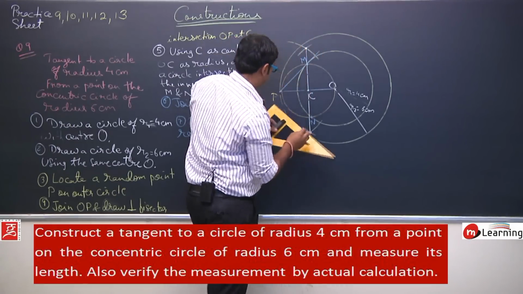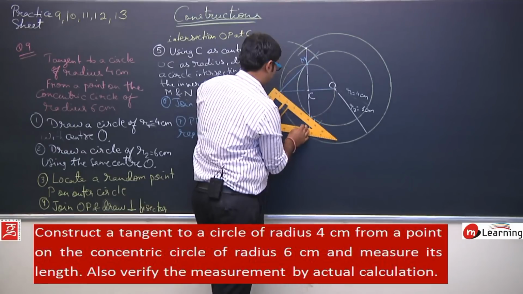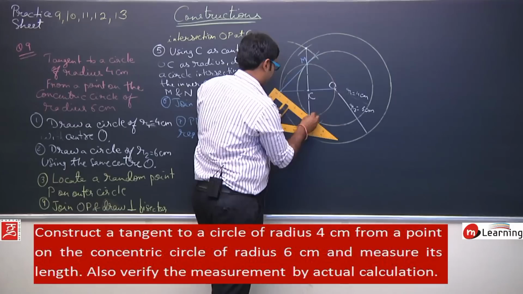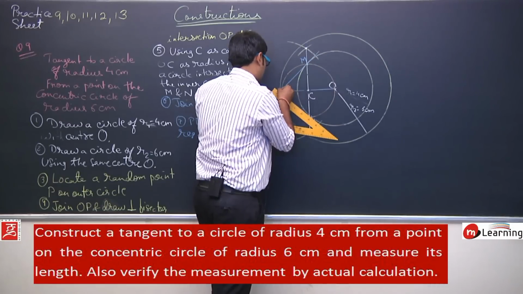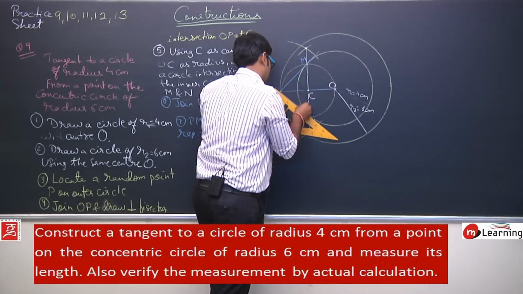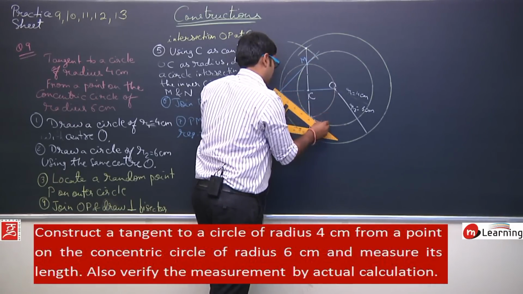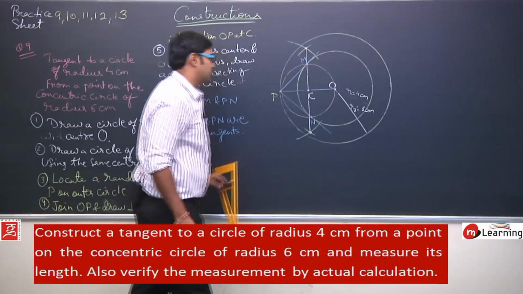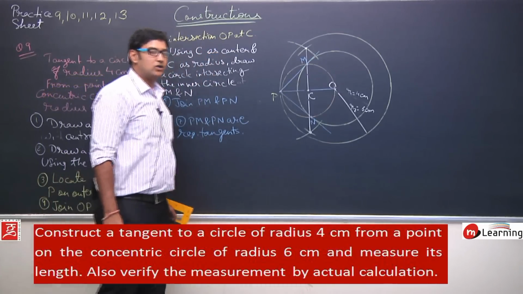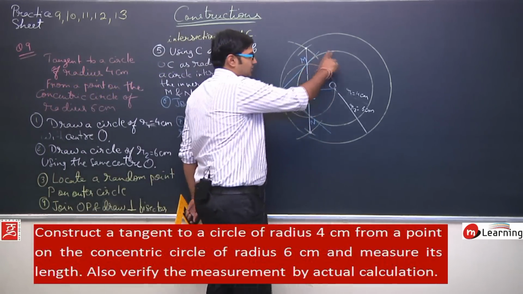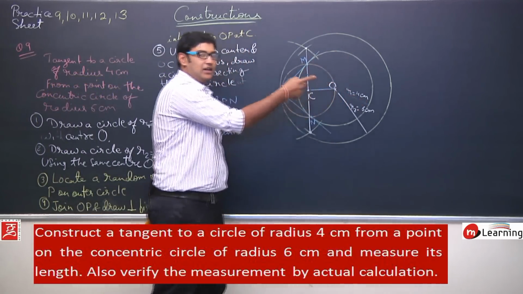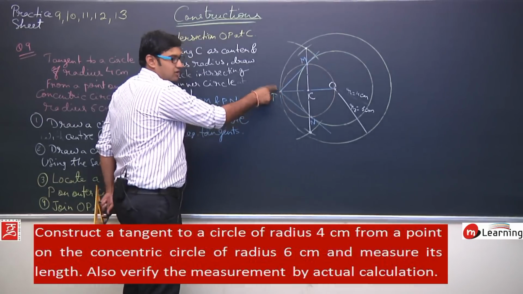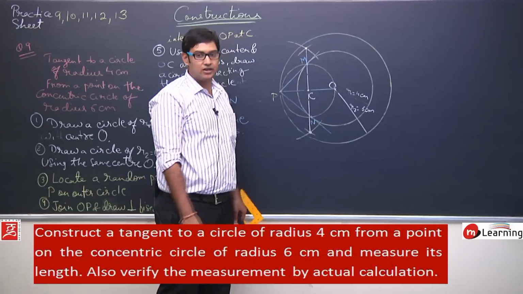This is one tangent and this will be another tangent. Like this. So PM and PN are two tangents drawn to this inner circle from a point on this concentric circle.